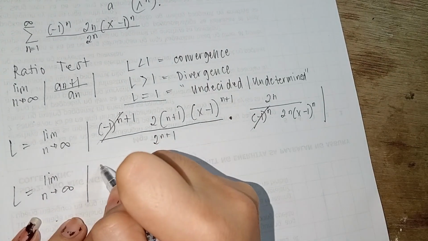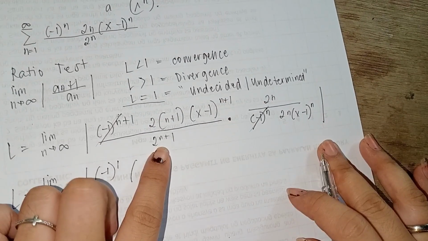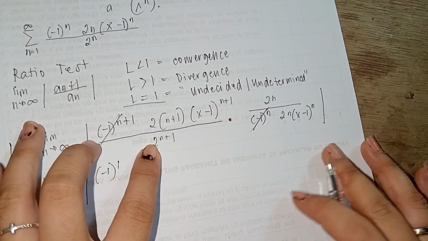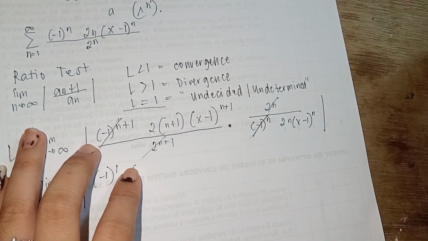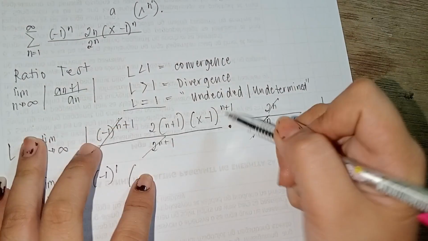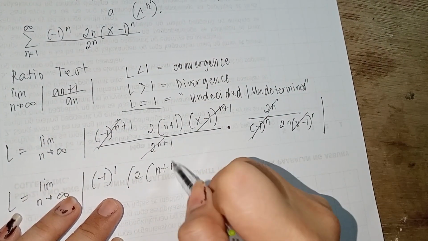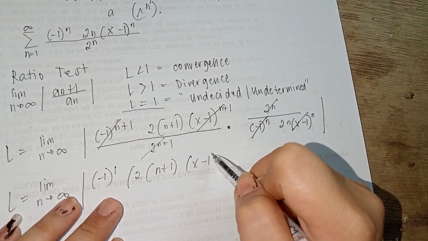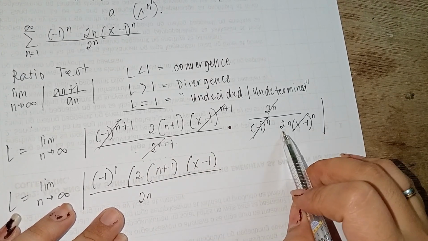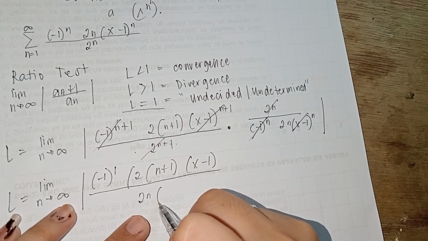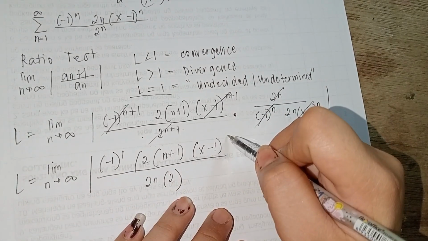Then we have the negative 1 raised to 1 times, so what else can we leave? We also have this part, and what we remove, we still have 1 here, so what is left is 2 times n plus 1 times x minus 1 divided by 2n, and then same here, times 2. So, we cancelled, and then we simplify again.